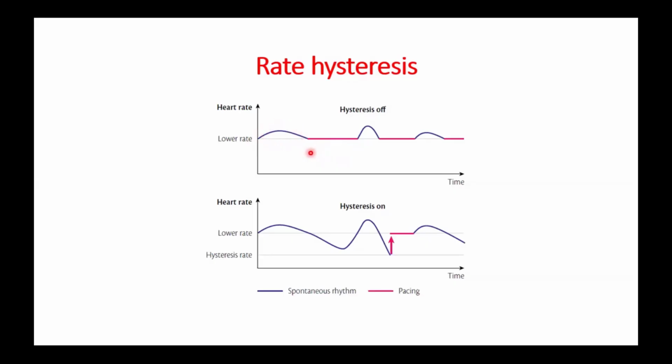However, once hysteresis is on, it allows a search for a spontaneous rhythm down to the hysteresis rate. Once that rate is reached, pacing at the lower rate interval starts again, and searching starts again once spontaneous rhythm is detected.